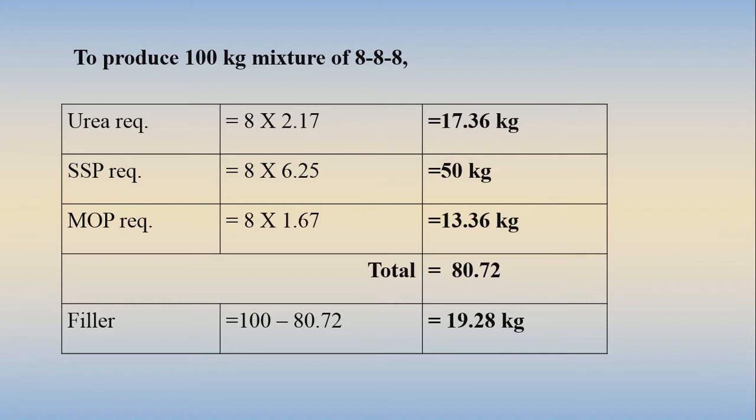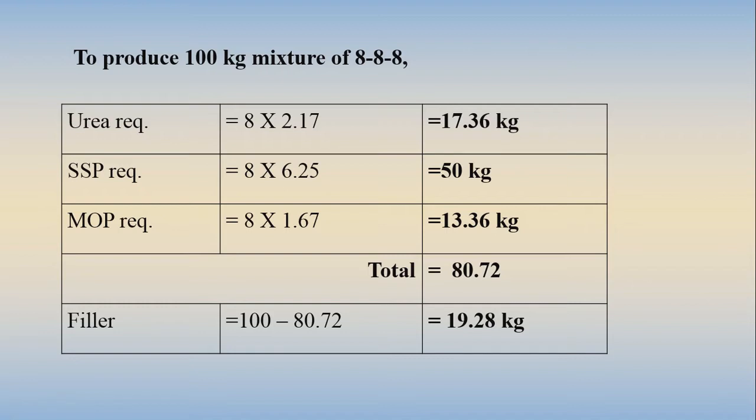And you also know that 2.17 kg of urea can supply 1 kg of nitrogen. So you can simply multiply 8 by 2.17, the urea nitrogen factor, to get the total urea required. That is 8 into 2.17, which is 17.36. It means that 17.36 kg of urea can supply 8 kg of nitrogen.